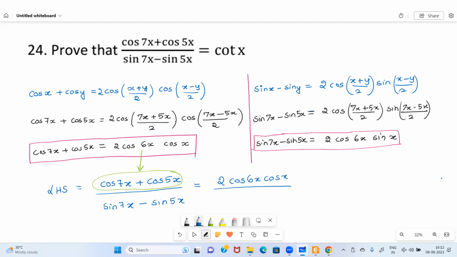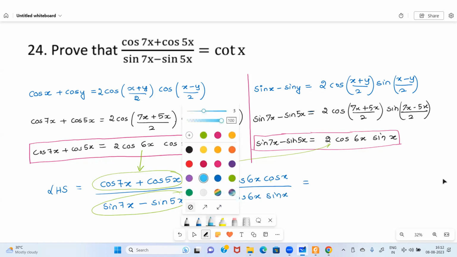The whole thing divided by, for sin 7x − sin 5x, we use 2 cos 6x into sin x. So what gets cancelled, students?